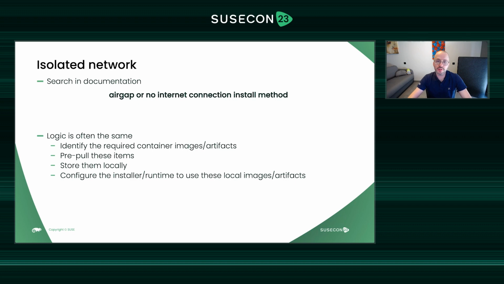The goal is to identify the required containers, images, and artifacts you need to install your Kubernetes cluster. After that, you need to pre-pull these items, store them locally, and configure the installer or the runtime to use these local images or artifacts. The goal here is to let the tools install the Kubernetes cluster without having direct access to the internet.